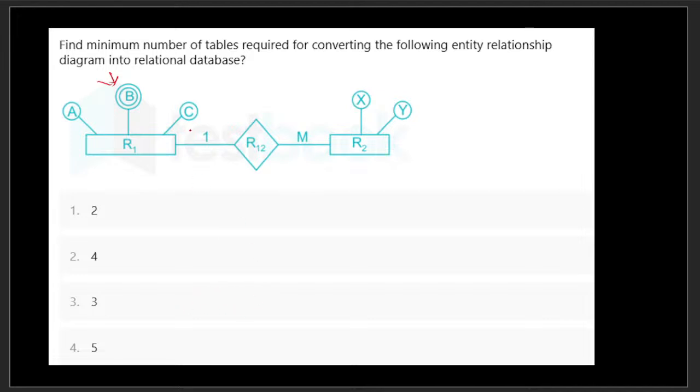Now for this particular question, there is a one-to-many relationship between R1 and R2. So two tables are required for two entities: the first table for R1, the second for R2.